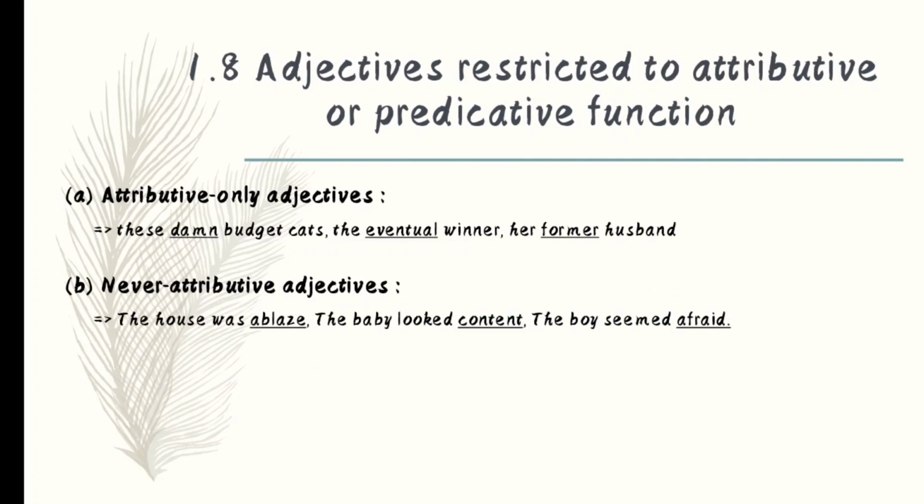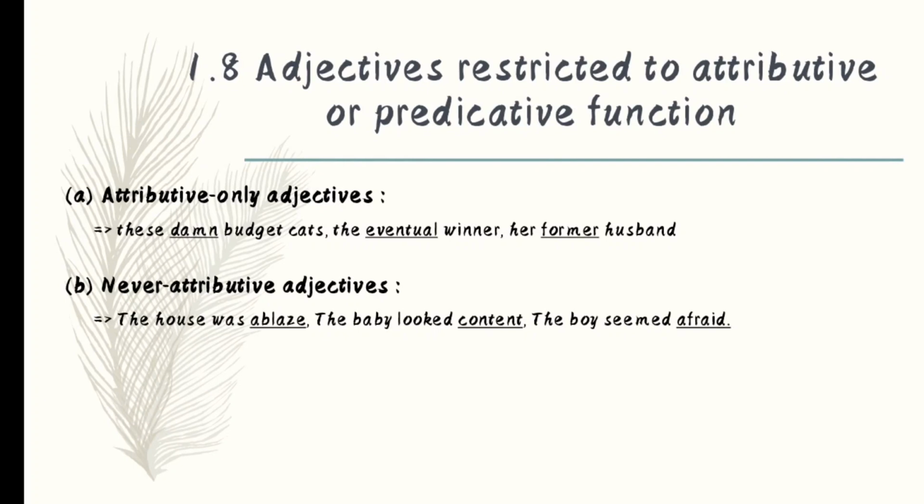For the next, it is about adjectives restricted to attributive or predicative function. Most adjectives can occur in either of two major functions, attributive and predicative. The first is attributive-only adjectives.